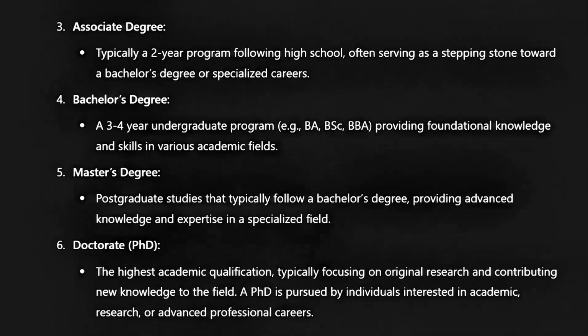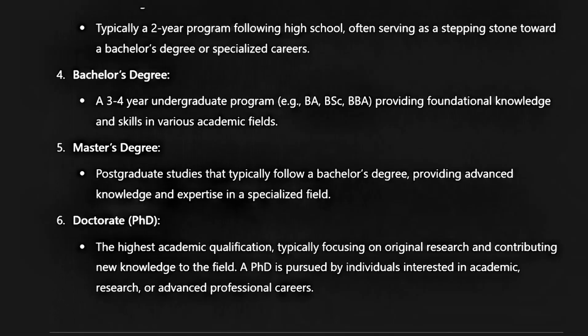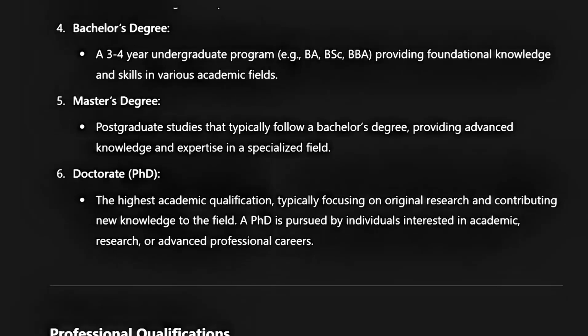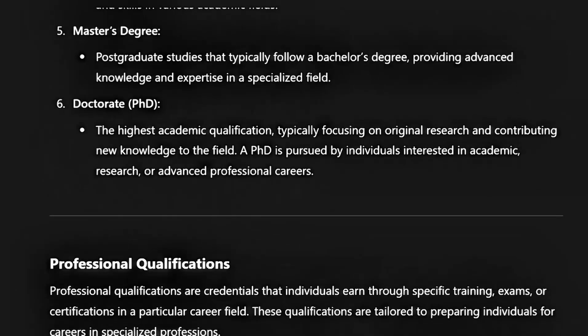3. Associate degree. Typically a 2-year program following high school, often serving as a stepping stone toward a bachelor's degree or specialized careers. 4. Bachelor's degree. A 3 to 4 year undergraduate program, e.g., BA, BSc, BBA, providing foundational knowledge and skills in various academic fields. 5. Master's degree.